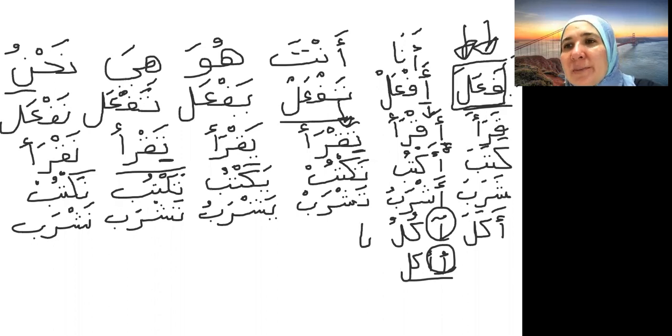Anta ta'kulu. Anta ta'kul. In Arabic, food, mostly it's طعام. ويطعمون الطعام in Quran Kareem. ويطعمون الطعام على حبه means they feed the food. الطعام means طعم means to taste.